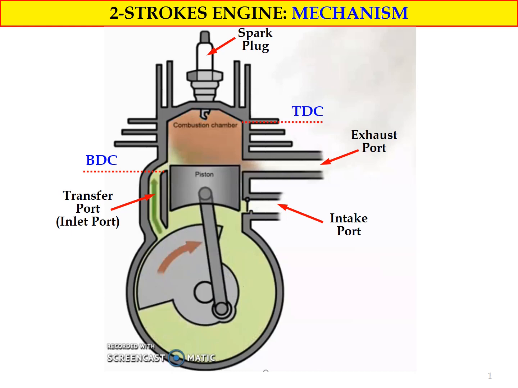TDC is the upper position of the piston, BDC the lower position. The green area represents the air fuel mixture, the grey area represents the exhaust gas, and the red area represents the combustion product during the combustion process.